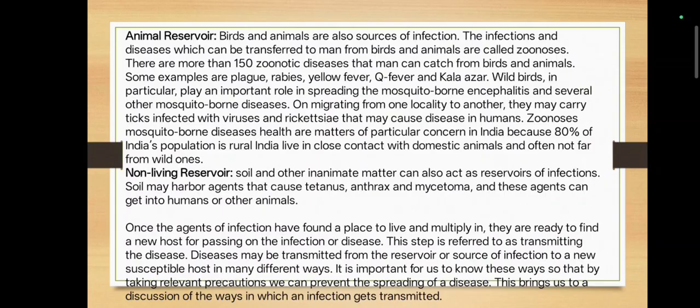Diseases may be transmitted from the reservoir or source of infection to a new susceptible host in many different ways. It is important for us to know these ways so that by taking relevant precautions, we can prevent the spreading of a disease. This brings us to a discussion of the ways in which an infection gets transmitted.